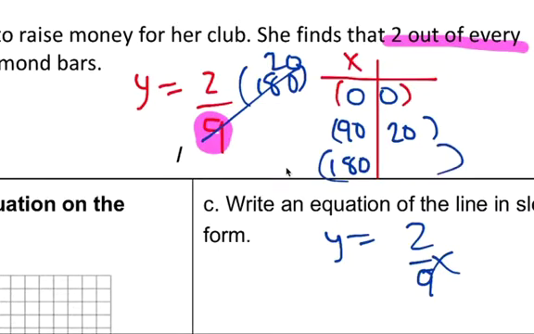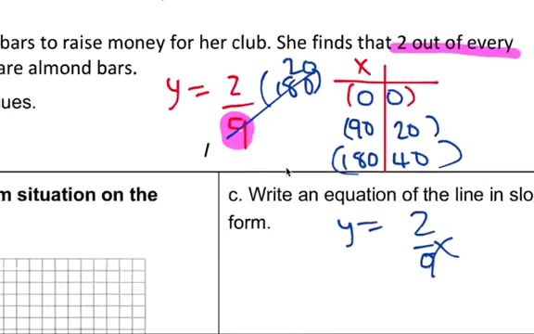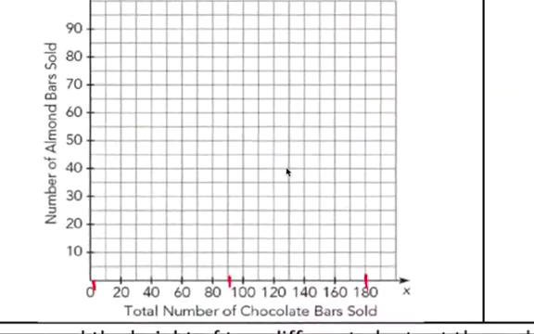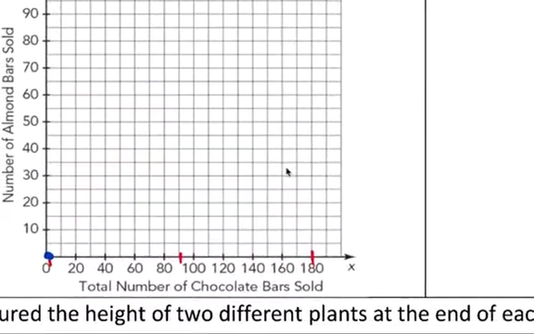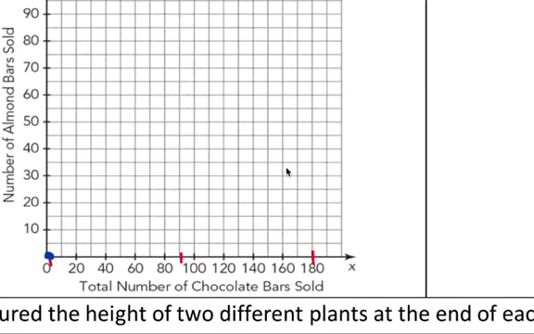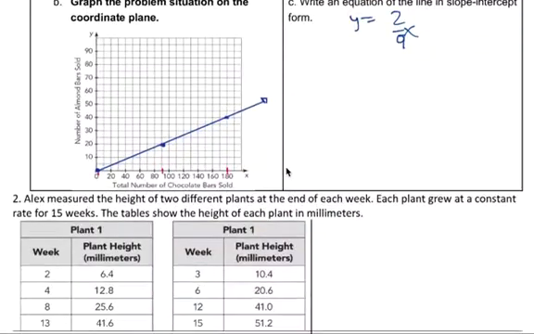Look, it's 40. Okay, so 0, 0. 90 is 20. And 180 is 40. There goes my nice graph. Making a table. Choosing numbers that work.